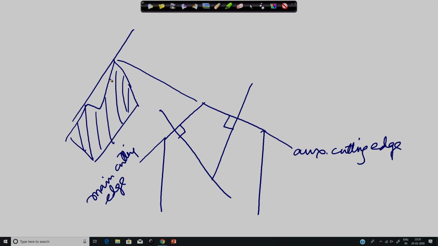You will be noticing that this is auxiliary orthogonal rake. I hope this explains what you are asking for.